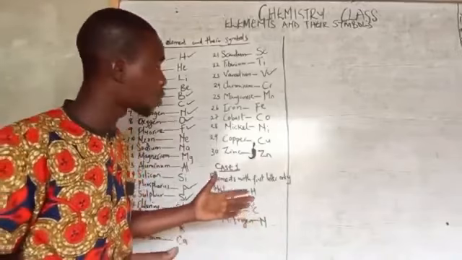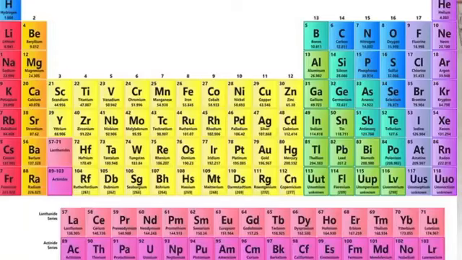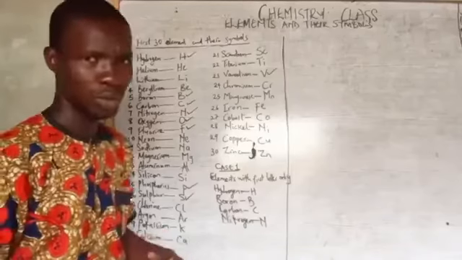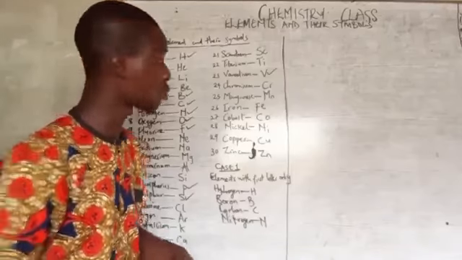You can figure out on the periodic table right on your screen which other elements are in case 1. Let's see case 2. What did this man say about case 2?